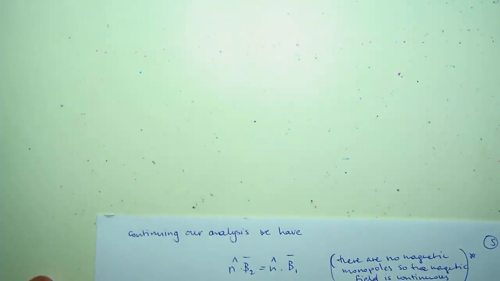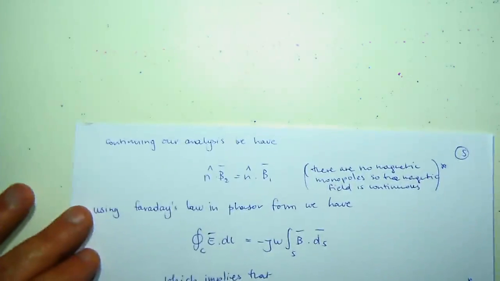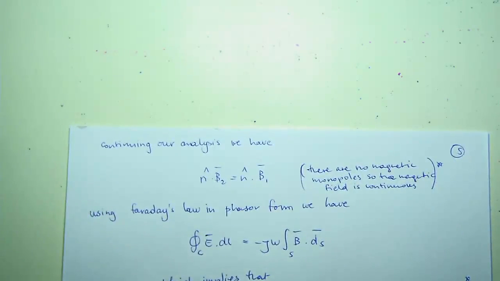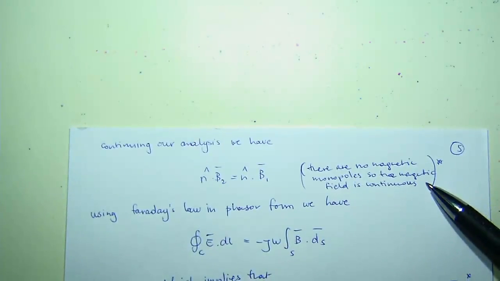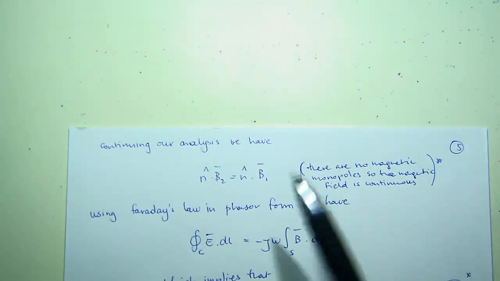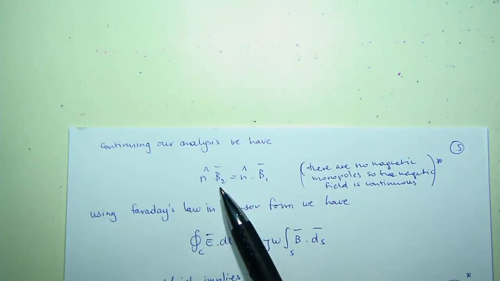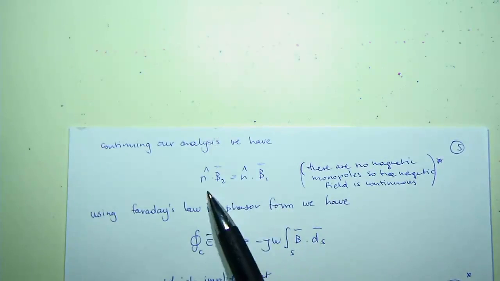Now, if we continue our analysis, we know that there are no magnetic monopoles, so we also know that the magnetic field is continuous. Therefore the field cutting the surface coming in has to equal the field coming out, so we've got B2 equals B1.